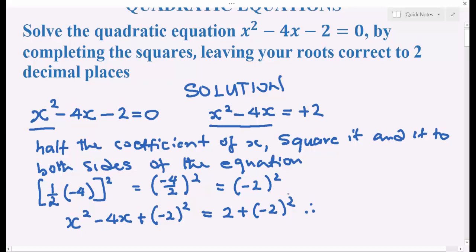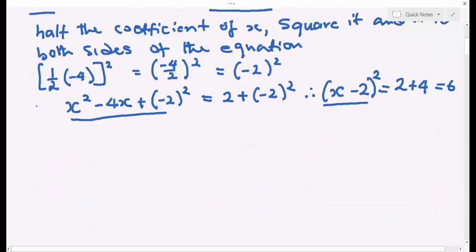So we have x minus 2 squared, which is equal to 2 plus 4, which is equal to 6.